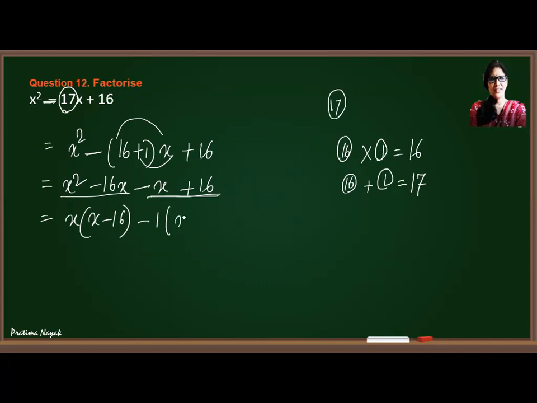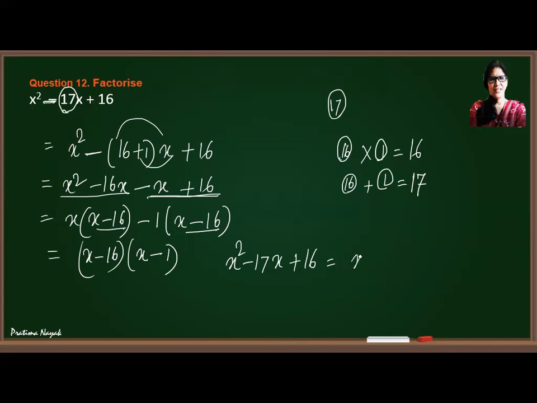So 1, x and 16 minus, I have taken, it will be a negative 16. Then I'll take x minus 16 common from both of them. For the first case, x is left, 1 is left. So write down the answer. x square minus 17x plus 16 is equal to x minus 16 multiplies x minus 1. Answer.